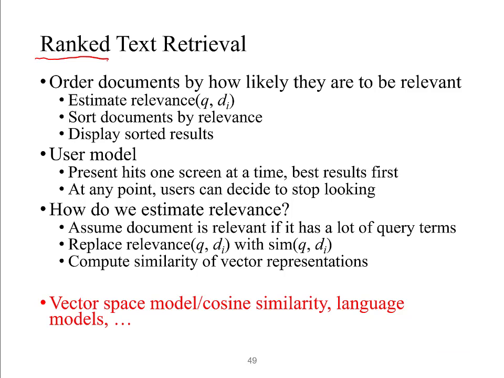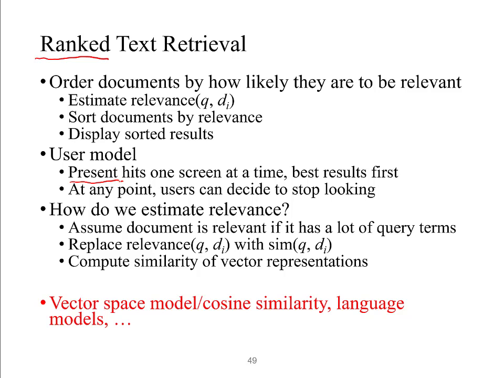Previously we didn't have rank, and now we have rank, because with this kind of ranked text retrieval, we can present the results one screen at a time, with the best result first. And at any point, the users can decide to stop looking, just like your own experience of using the Google search engine.